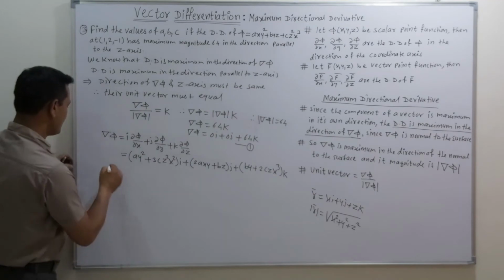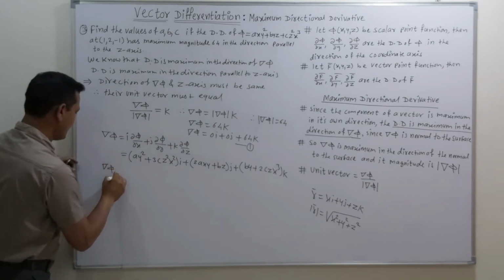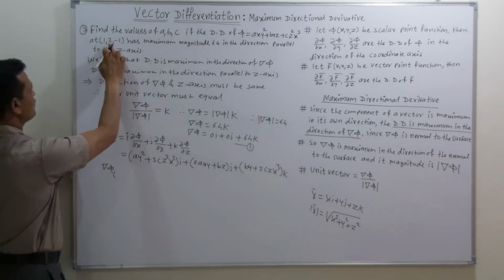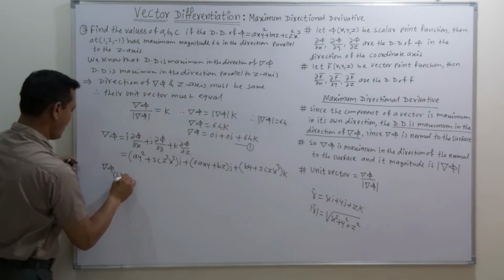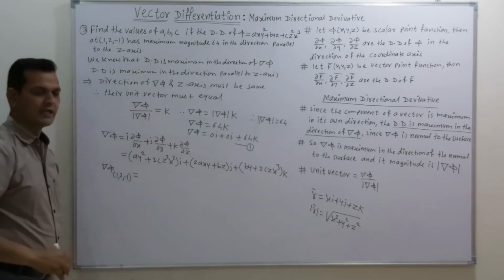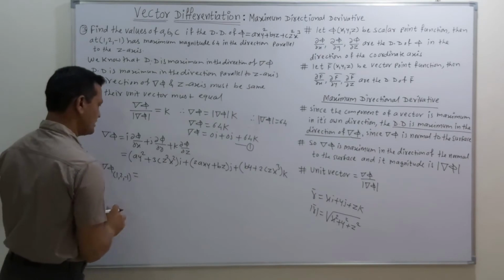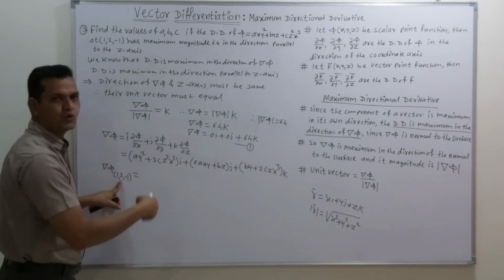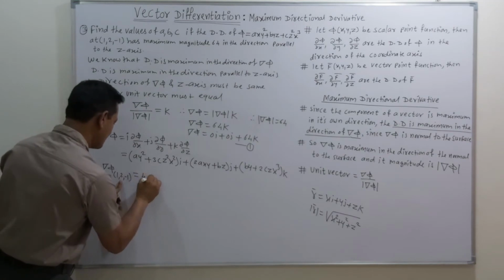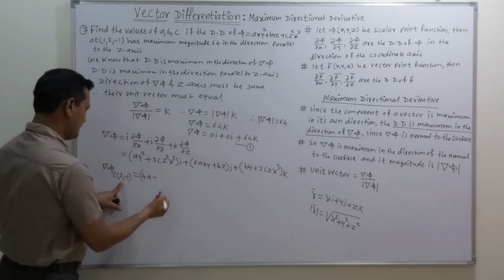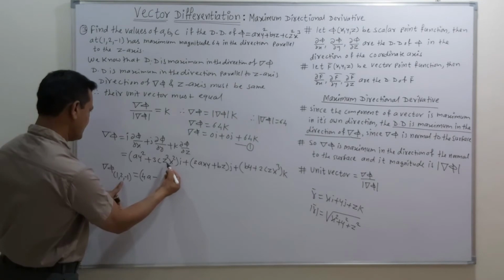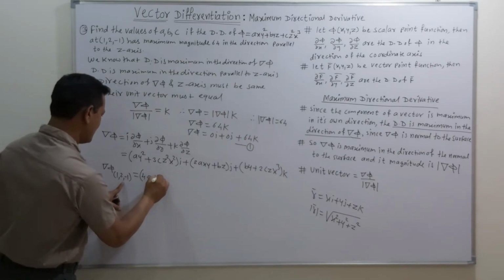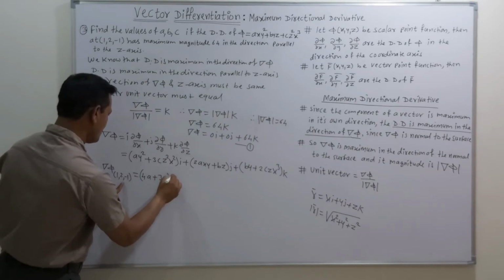Now friends, our next target is to find the value of del phi at the point (1, 2, minus 1). Putting these values: a into y square, y is 2, 2 square is 4, so we get 4a. Then x is 1, z is minus 1, x square is again 1, so plus 3c, into i.